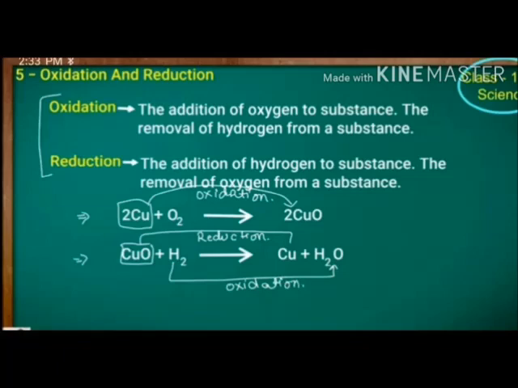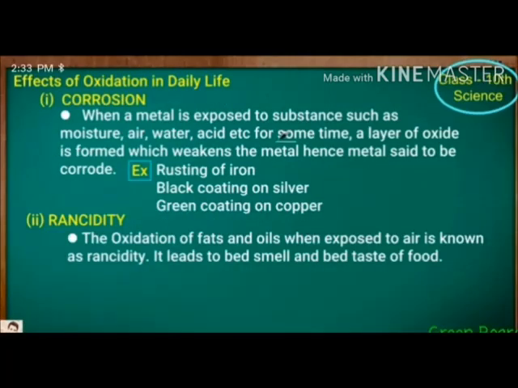In the next reaction you can see that hydrogen is being added to a substance, therefore it is reduction. In the same reaction, you will see the hydrogen getting the oxygen, so it is known as oxidation, and oxygen is removed from copper oxide, then copper is formed, so that is reduction. Both reactions occur in the same reaction, oxidation and reduction, therefore the second one is called a redox reaction.